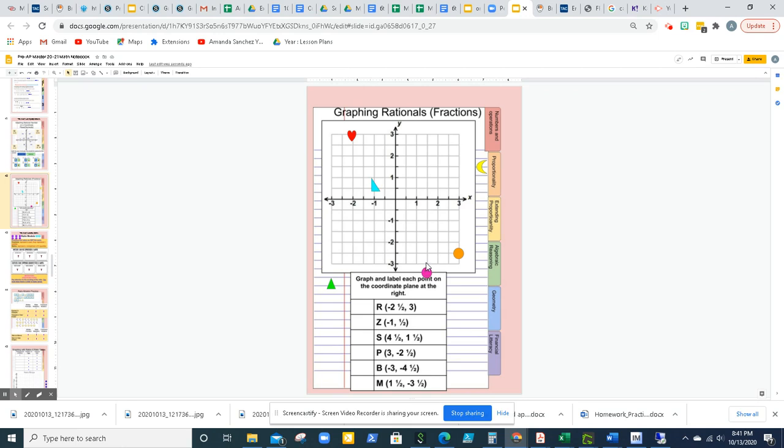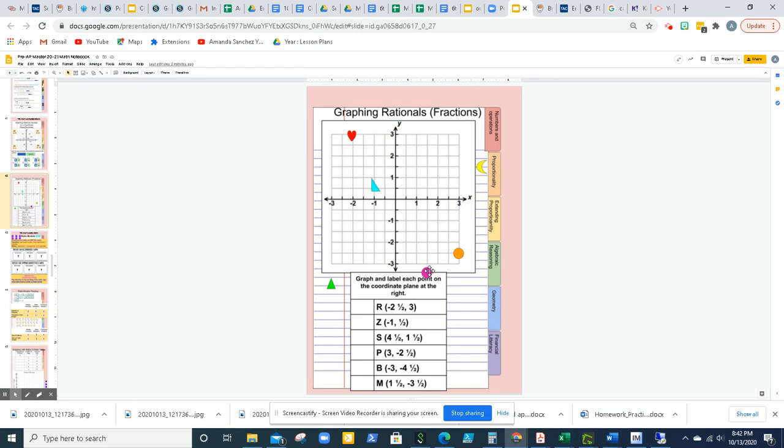And then the last one was the happy face, which was at +1.5, which is between 1 and 2, and then you go down to -3.5.